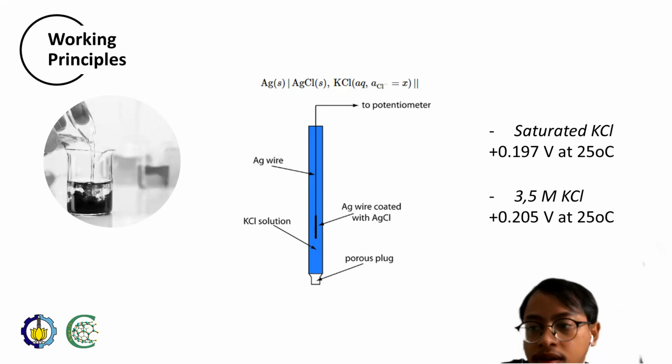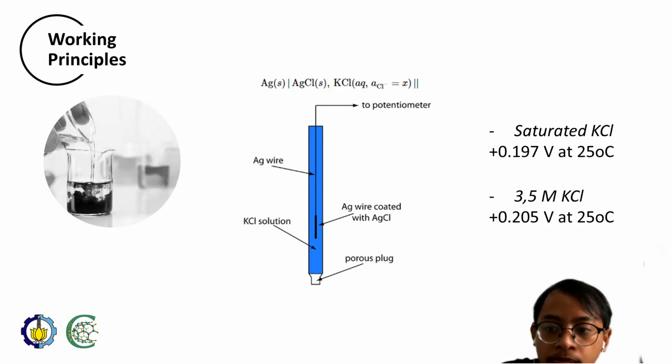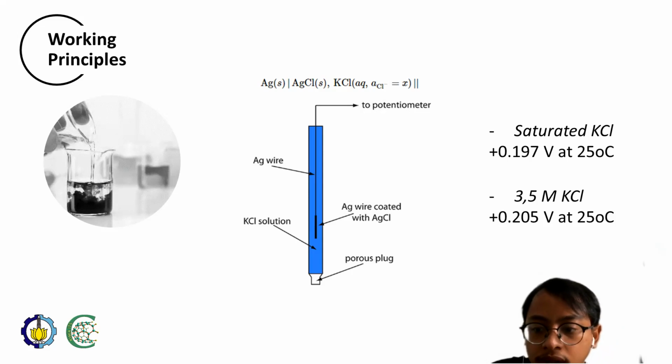0.197 volt at 25 degrees Celsius for the saturated system. While using the unsaturated system of potassium chloride, mostly 3.5 molar, we will get a potential of positive 0.205 volt at 25 degrees Celsius.